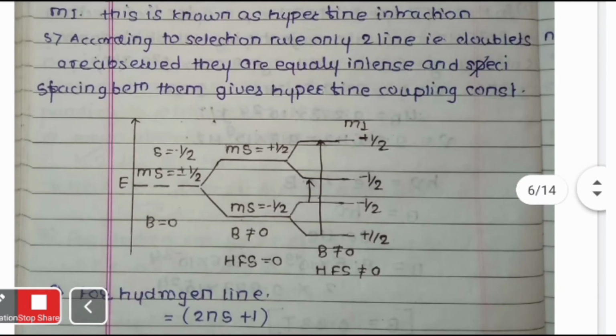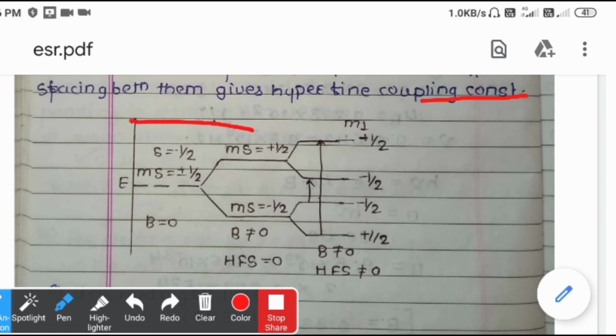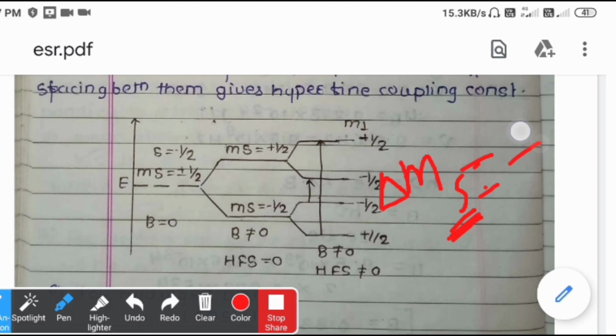So there is a selection rule which tells which spectra are allowed and which are not allowed. Only those spectra are allowed where delta ms, that is the change in the spin quantum number for the electron, should be plus or minus 1.